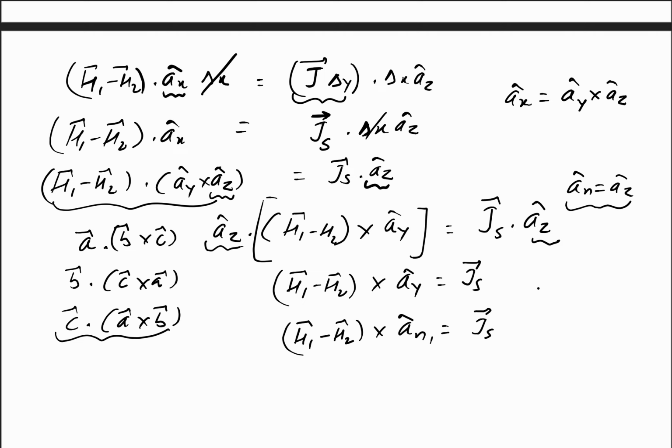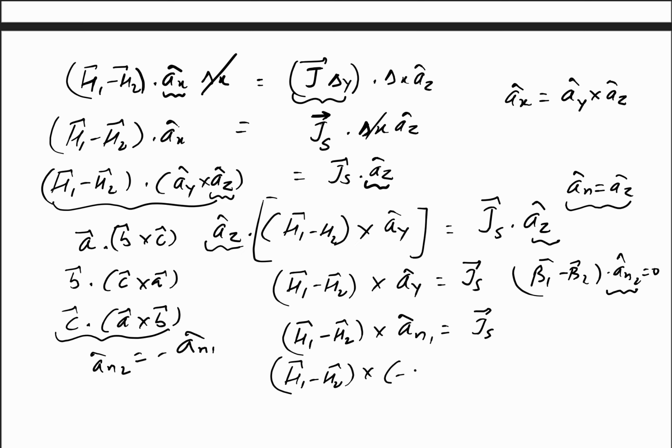Now since in our normal component, we have written B1 minus B2 dot an2 is equal to 0. Since we have utilized an2, to bring uniformity, now we want to convert it to an2. Now we know that an2 is equal to minus of an1. So I will write it as H1 minus H2 cross minus of an2 is equal to JS.